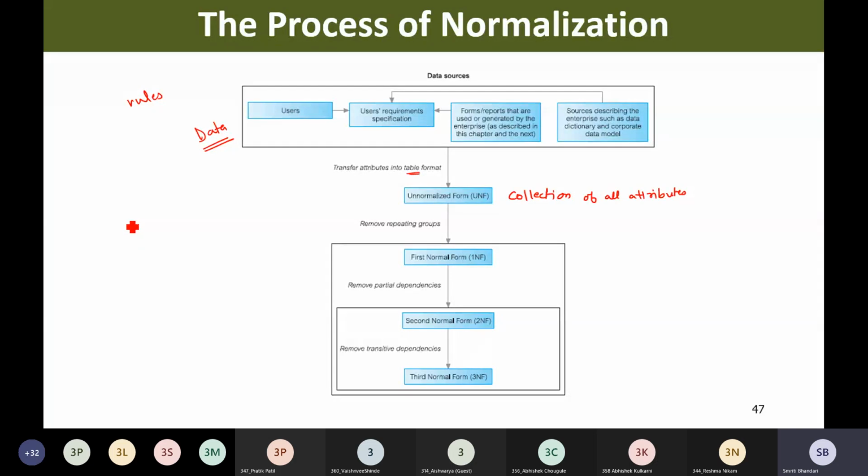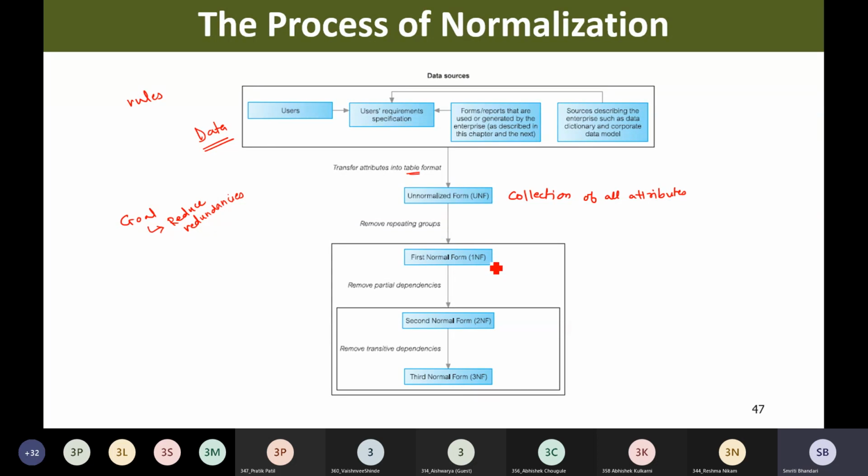So earlier we have seen what is the goal, what is the aim for normalization. So the goal for normalization is to reduce the redundancies in the data. That is the main goal, right? So what we do next is we apply the rule. Say for example, if we are having some repeating groups of information in this UNF, then we try to remove the repeating groups and we come up with the first normal form.